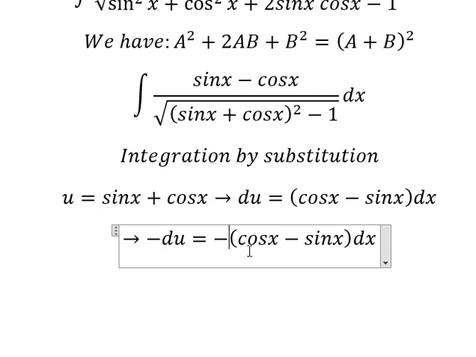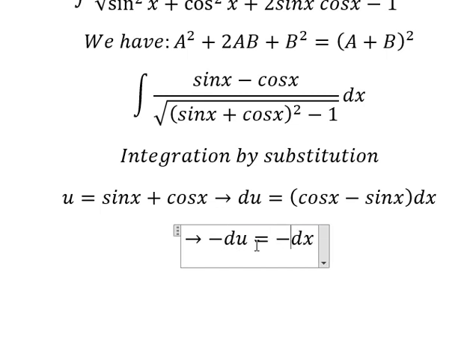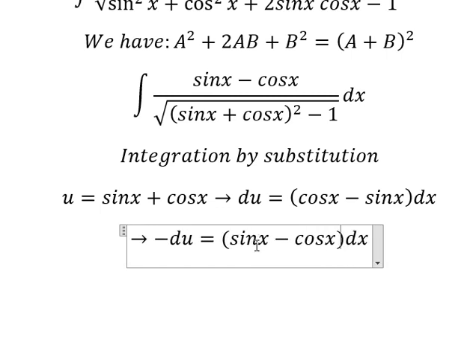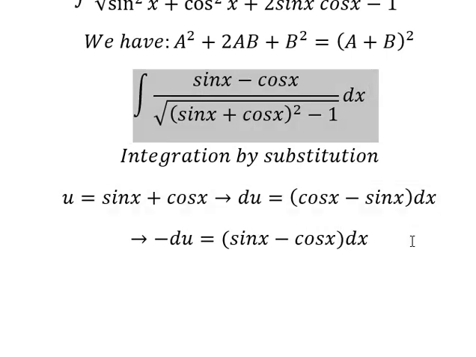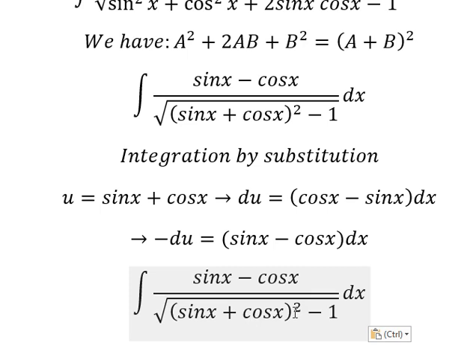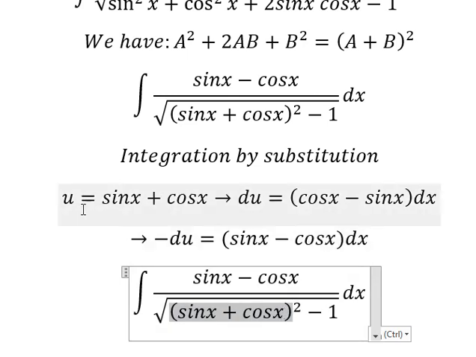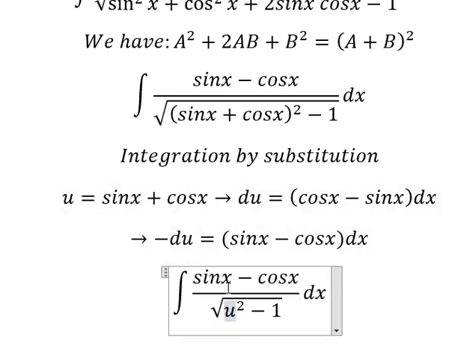And this one we have sin x minus cos x. So this one we change by u, and sin x minus cos x dx we change to negative du.